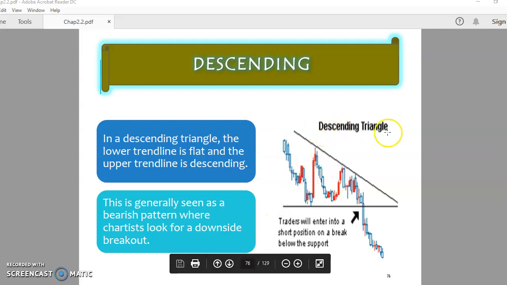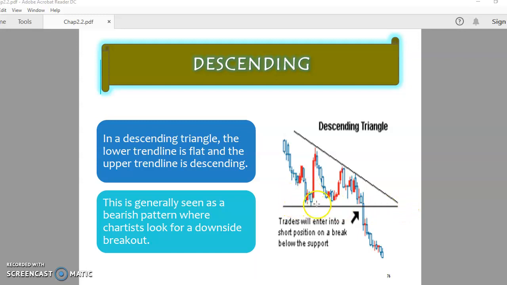For the descending triangle, we will have a straight line for the support line, whereas the price creates a similar lowest point for quite some time. However, we can see that the highest price keeps on decreasing, or they are creating a lower high.